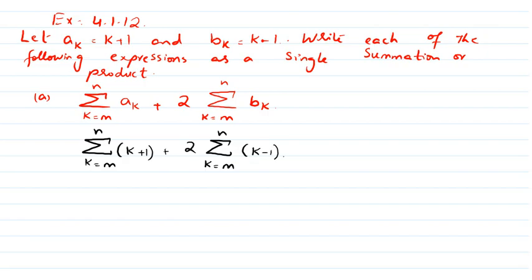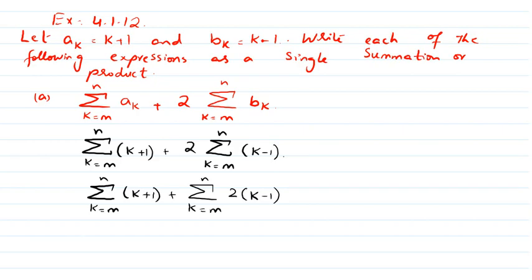Again, applying the second property against the summation, I can write it like summation K from M to N K plus 1 plus summation K from M to N 2 times K minus 1. ये ना constant को हम अंदर लिख सकते हैं inside the summation.